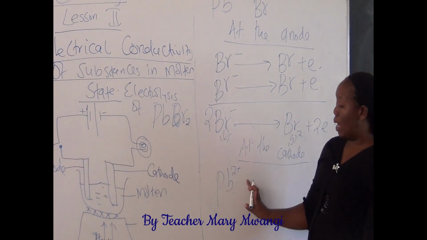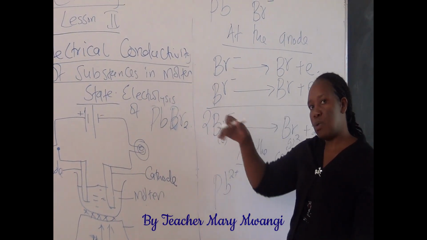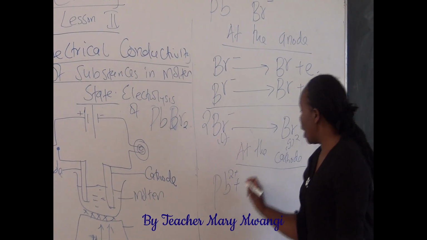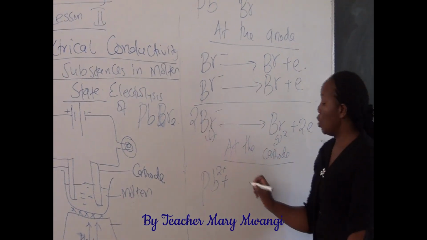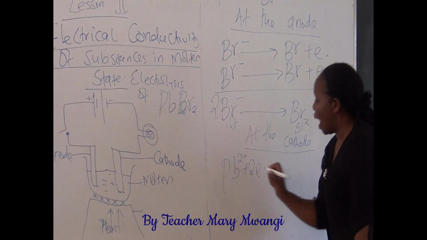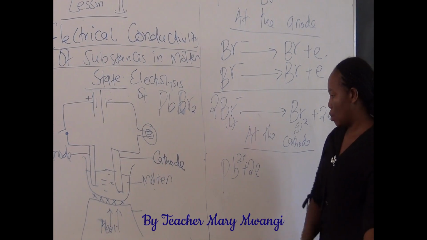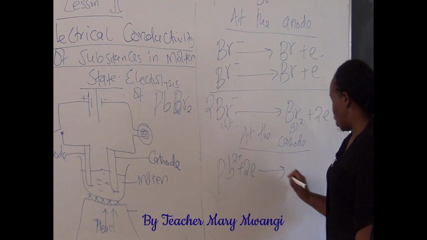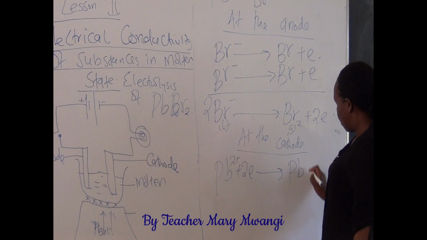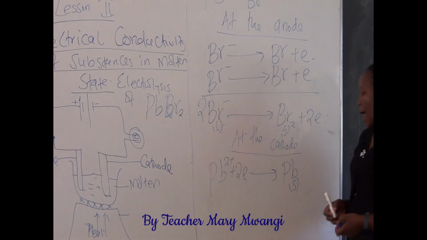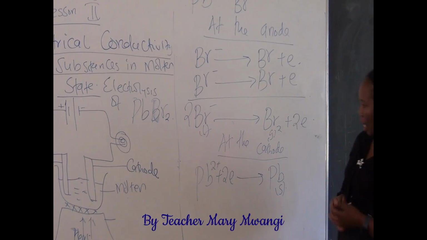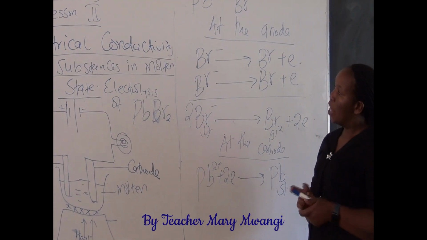So it will require 2 electrons for it to go back to its original state. So the number of electrons that were lost here at the anode are going to be accepted the way they are, since lead requires 2 electrons for it to go back to the solid state. And that one becomes the equation at the cathode.